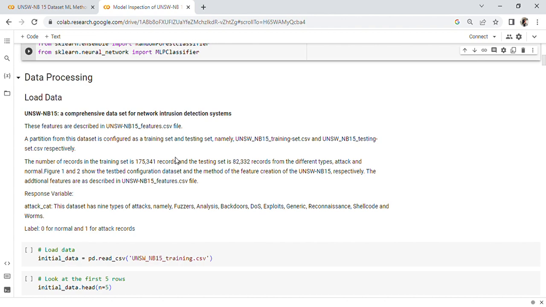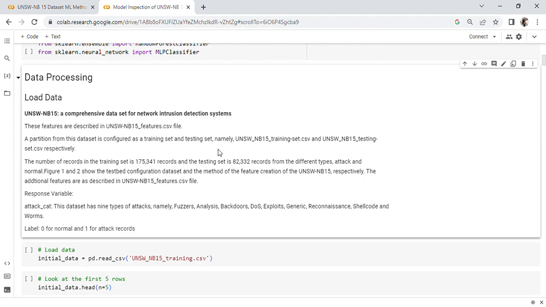After that, model selection: in the model selection we are going to train our dataset using the 4 ML models, and the last one is model comparison and inspection. In the last step we can compare all the above 4 ML models, and whichever model gives the best result, we are going to use that.